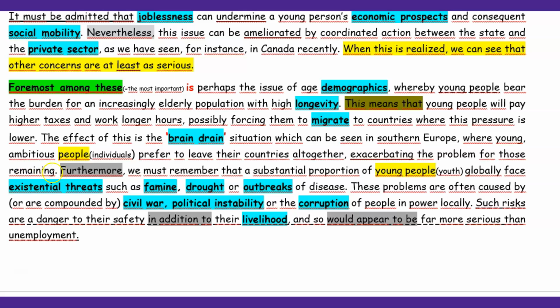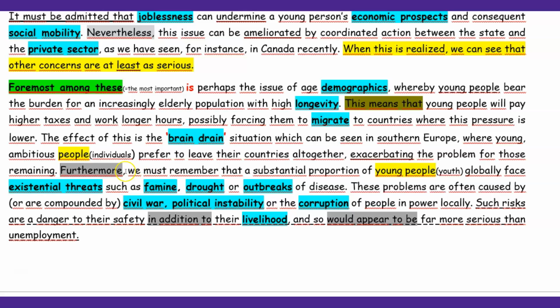Again, a very nice and complex sentence mentioning the phenomenon of brain drain, and the candidate is going to add another reason.